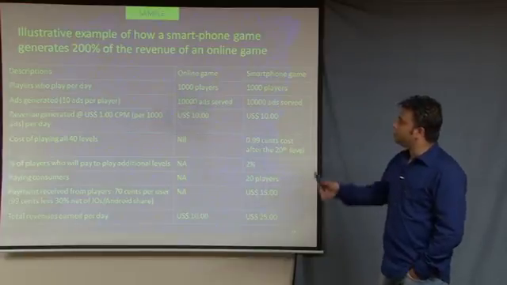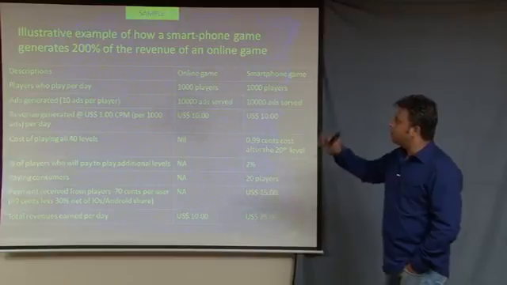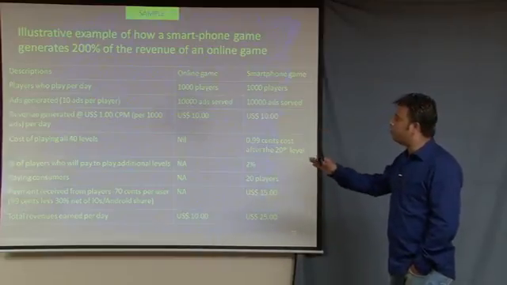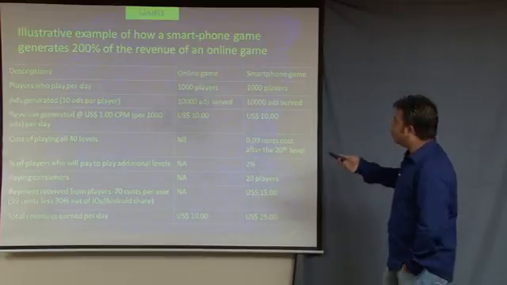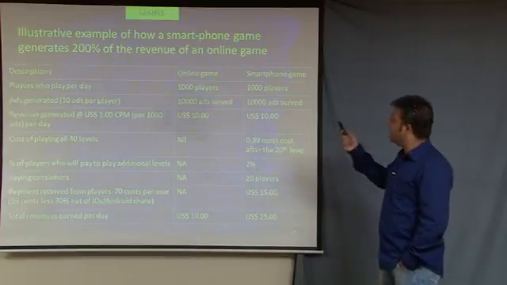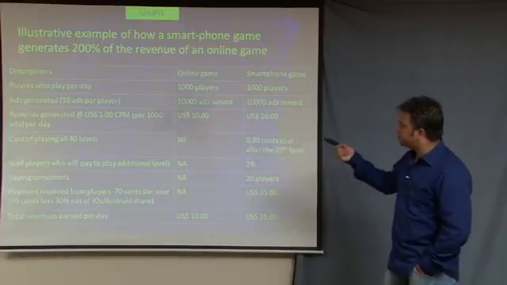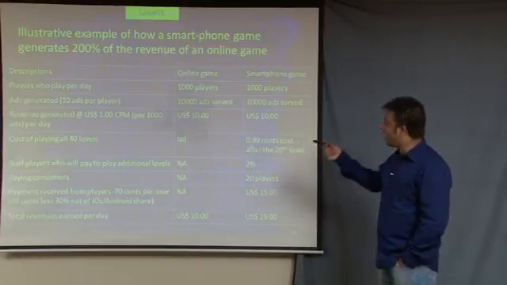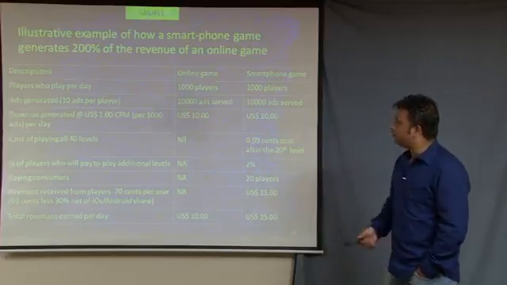So they have a calculation here, online game and the smartphone game. What they have estimated or forecasted is players who play the game every day, so 1,000 each for online and smartphone. Ads generated, so 10 ads per player, so they have 10,000 ads served, again similar for online and smartphone.